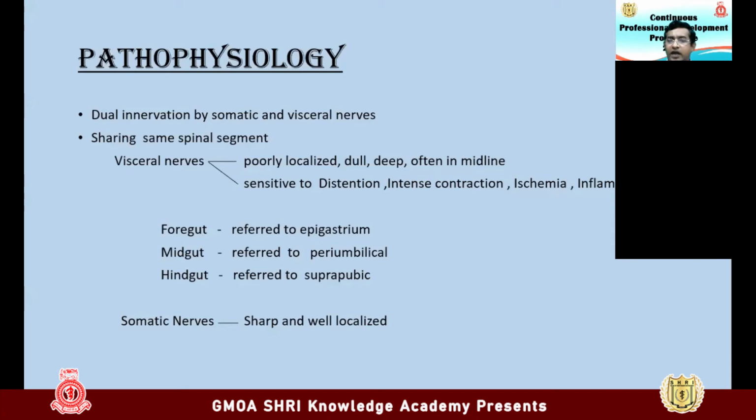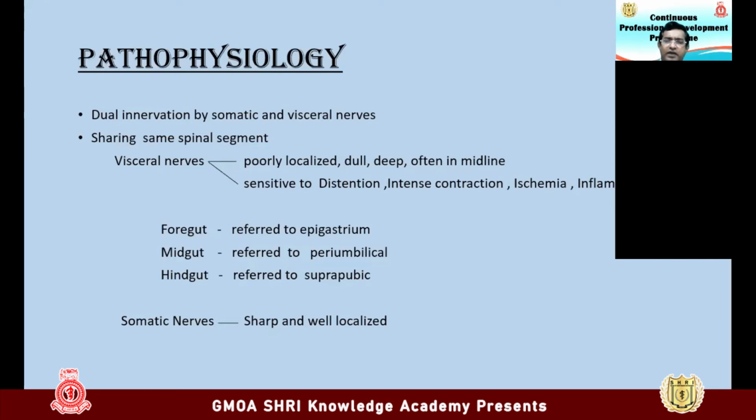Those pains are sharp and well localized. The involvement process depends on embryological development: foregut refers to the epigastrium, midgut to the periumbilical region, and hindgut to the suprapubic region. So these pains can refer to these areas.